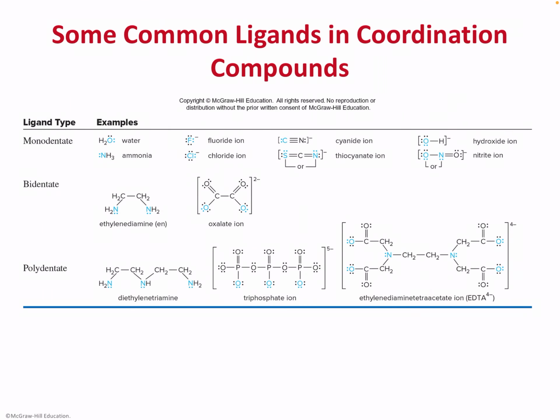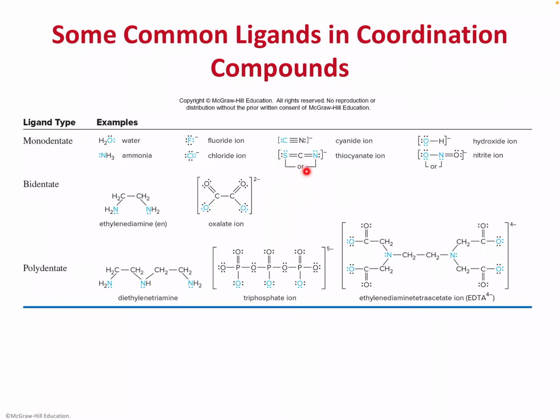And these are some common ligands in coordination compounds. So here are some examples of monodentate ones. Water with oxygen being the atom that coordinates. In ammonia, nitrogen, and fluoride, chloride, cyanide ion, it could be from carbon, and then thiocyanate ion.